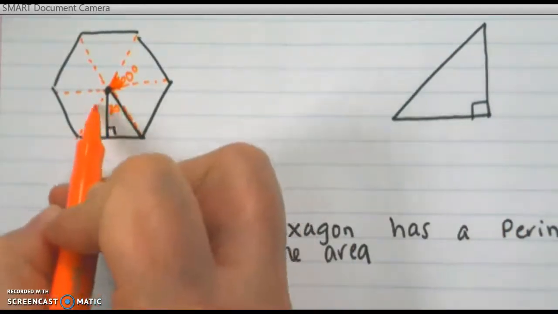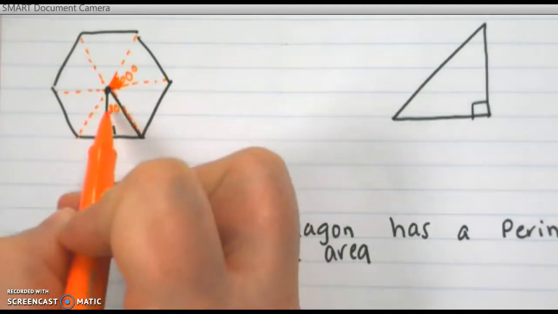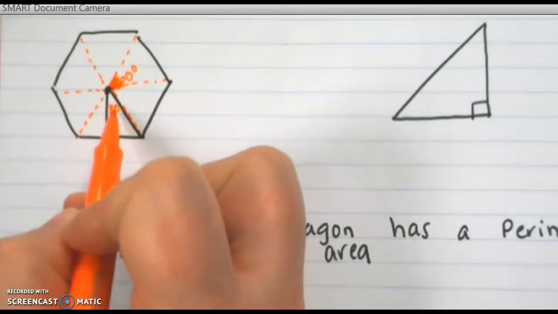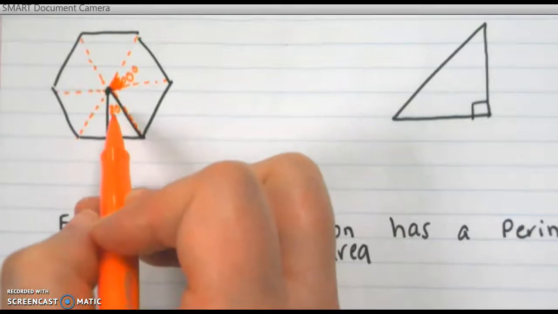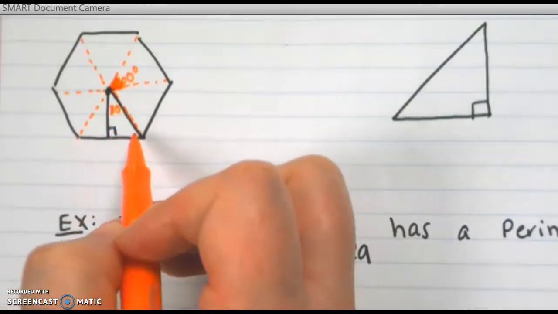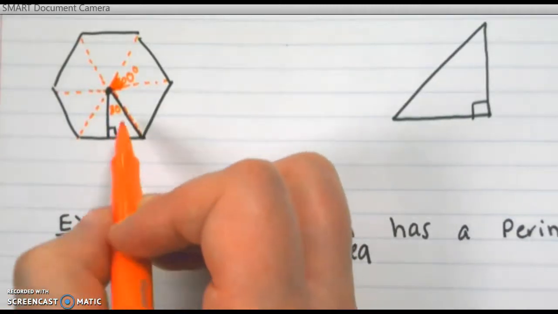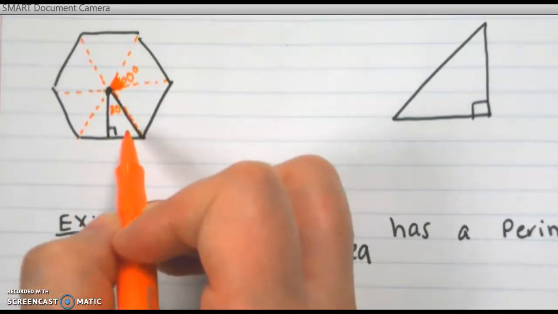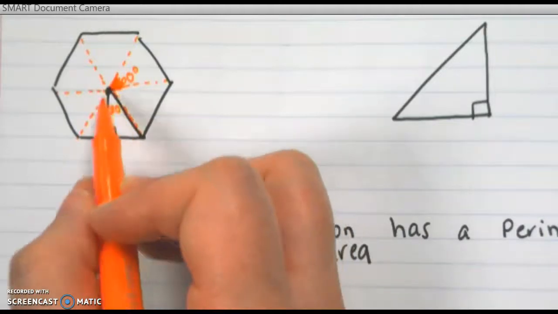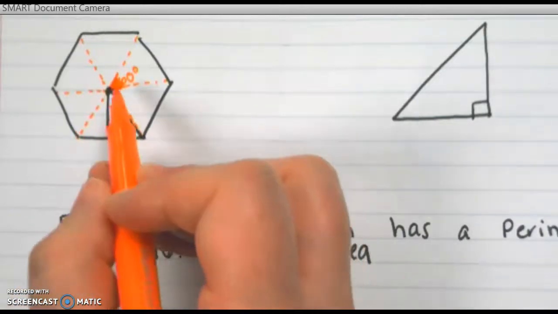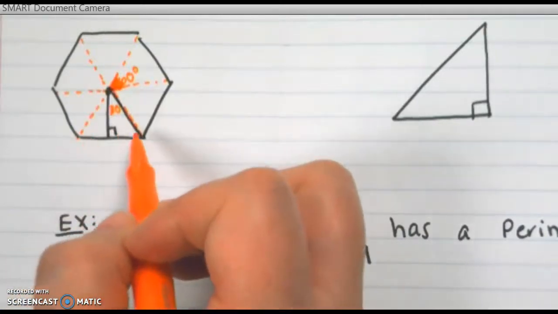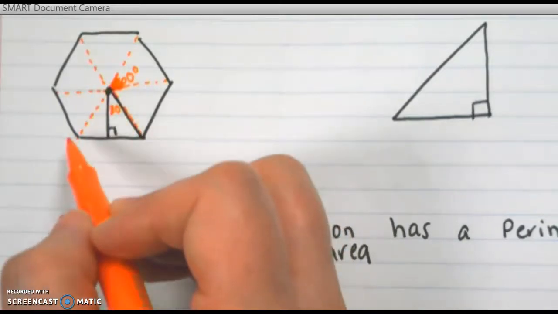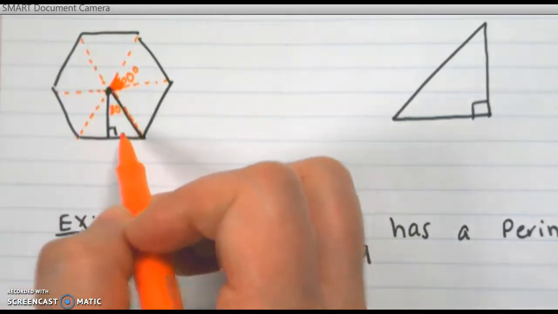Because the whole angle would be 60 degrees, and I just cut that in half. So because a triangle adds up to 180 degrees, if that's 30, that's 90, then this is 60 degrees as well. And so that is also 60 degrees because these were equilateral triangles. So that's going to make all of the angles 60.